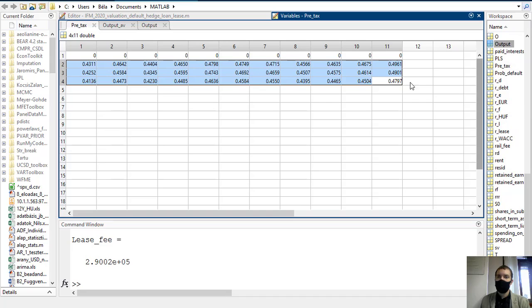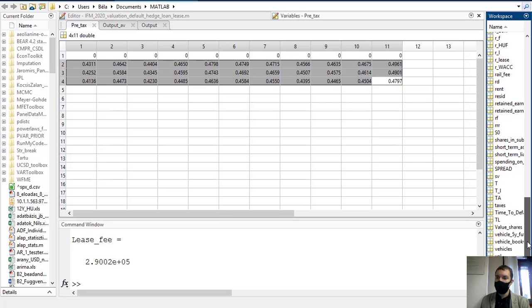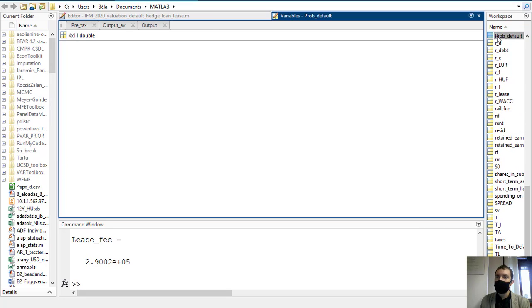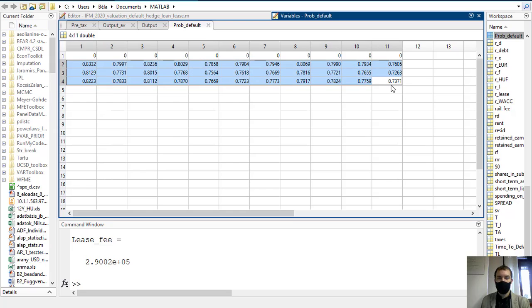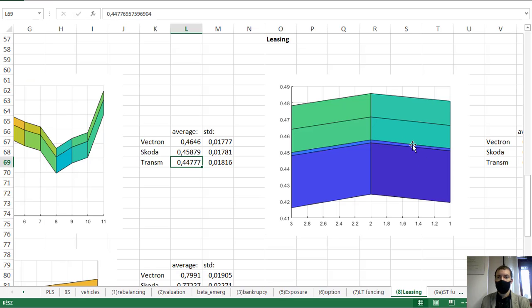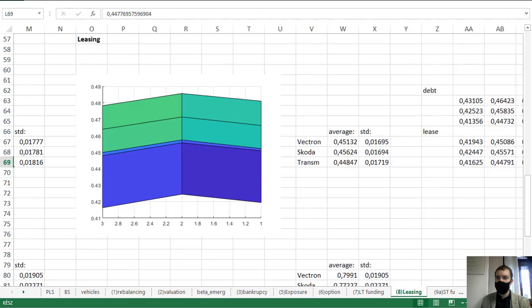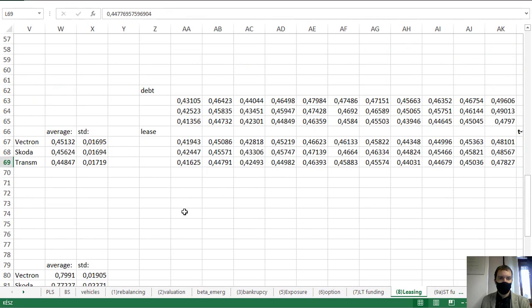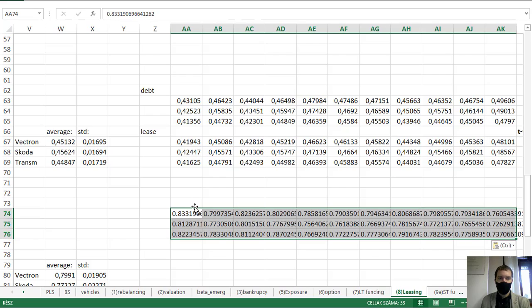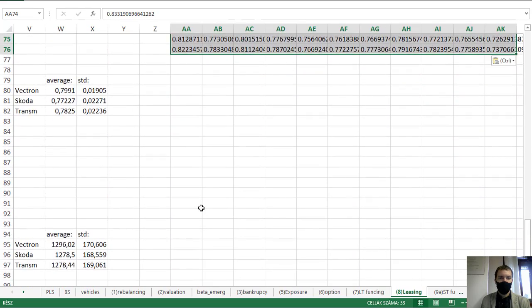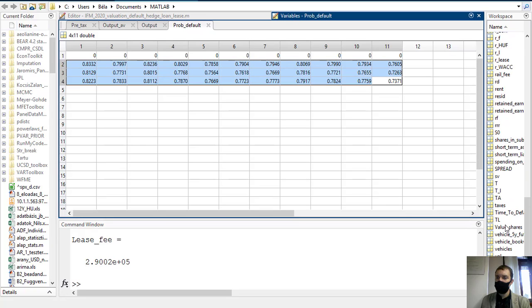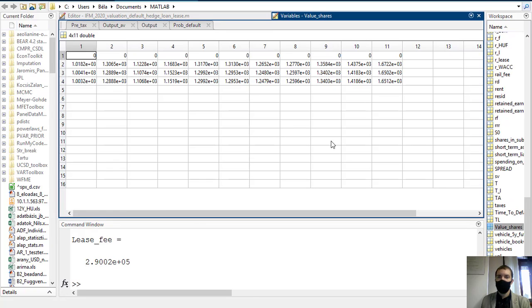Okay, let's check the values. Sorry, profit, probability of default. And also we have to copy the value here. Value shares.